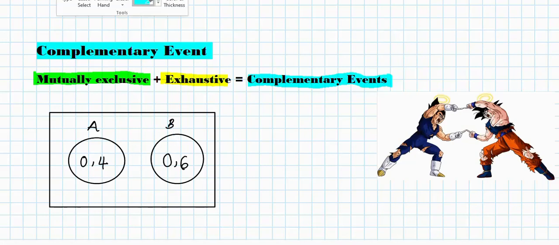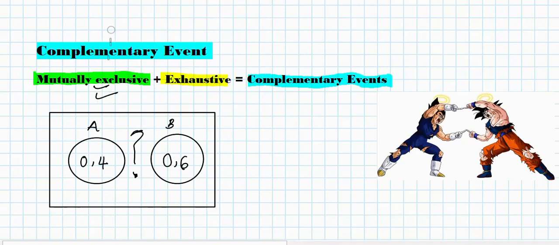First of all, a mutually exclusive event, their circles don't add up here. There's no intersection. That's a mutually exclusive event. And then what is an exhaustive event? It's an event whereby if I take this value and add it up with this value, I must get 1, a whole. Right? So that's how it is.